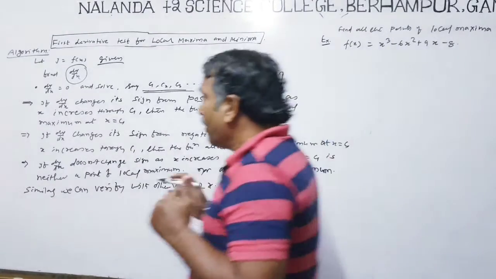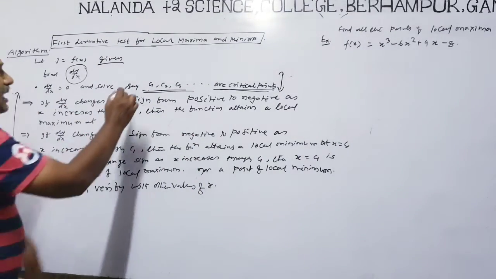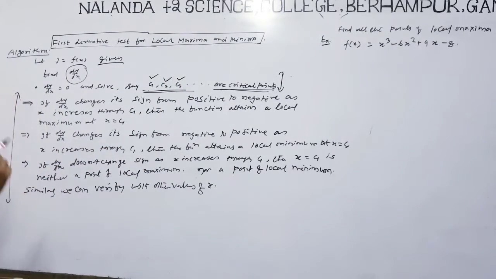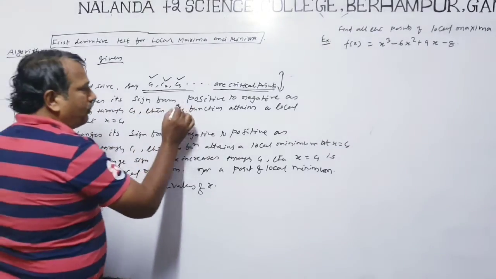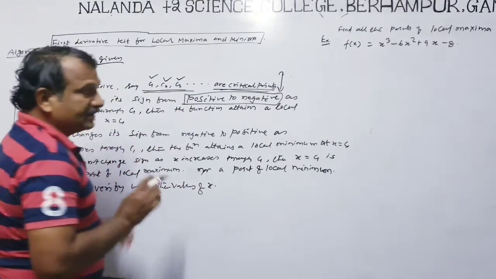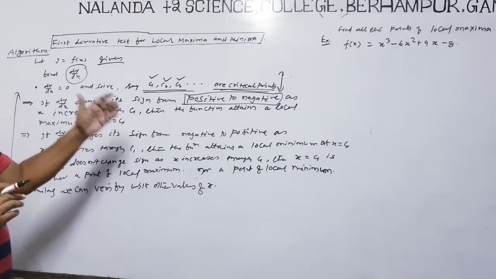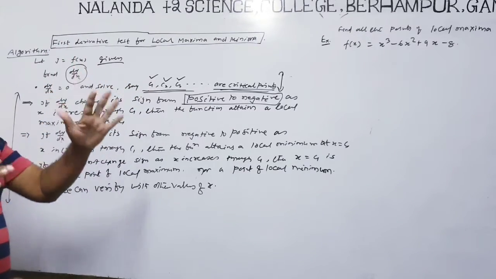Now verify whether c1, c2 or c3 is a maximum or minimum. Let us say x equals c1. If dy by dx changes sign from positive to negative, then we say the function has a local maximum at c1, or c2 or c3, any one.